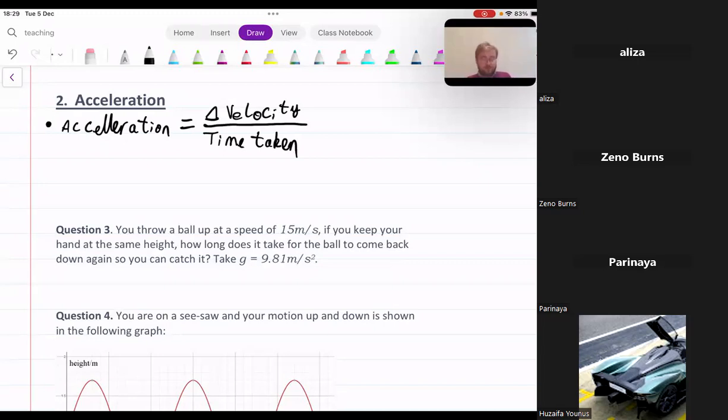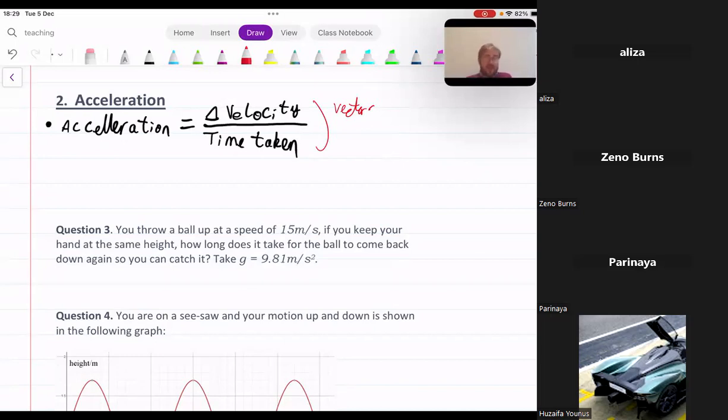With this, acceleration is actually a vector. And this can be negative in two different ways.